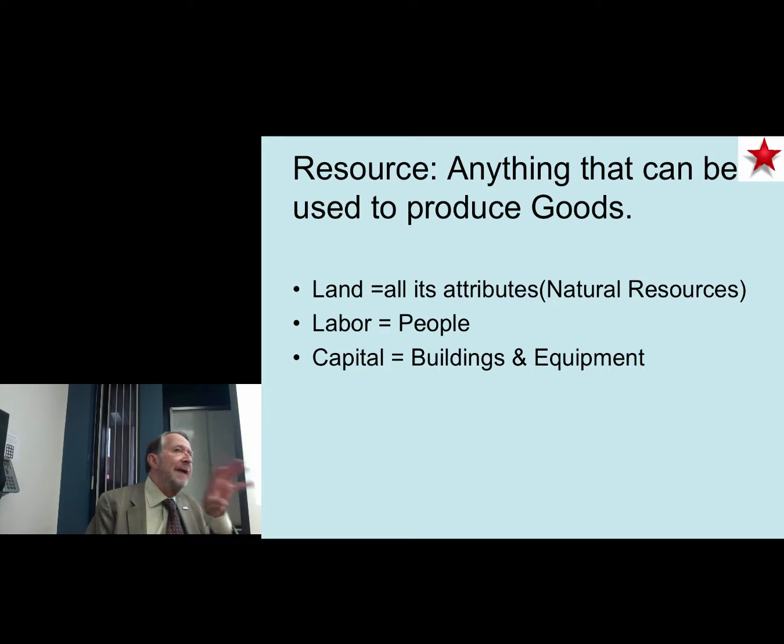Land means all of the attributes of a specific geographic location, including proximity to water, weather, the view from that, what is on the land, what is under the land. All of those are characteristics. Sometimes called natural resources as a category of resources.